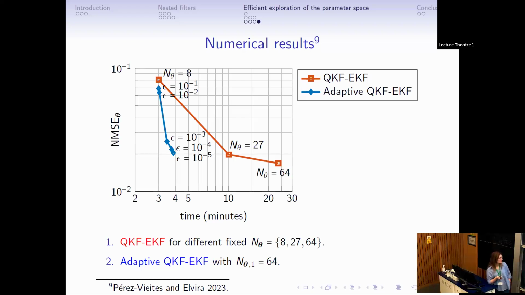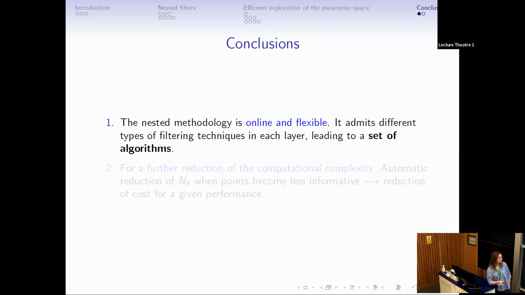And I think that's it. So to summarize this nested framework, it's quite nice because, first of all, it's recursive. And second, it's very flexible for the different implementations. We can change different filters for each layer or for each task.